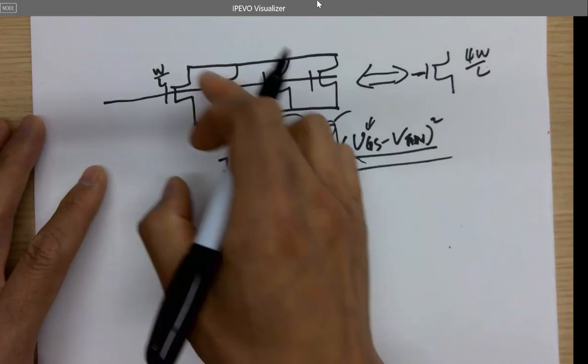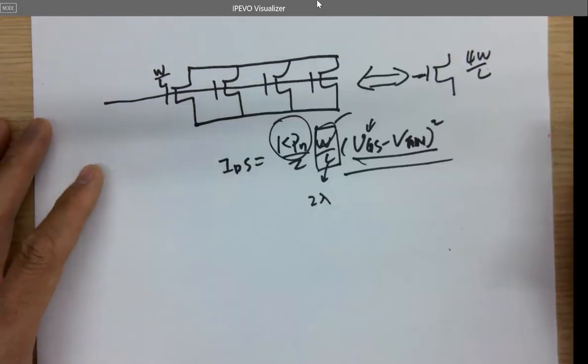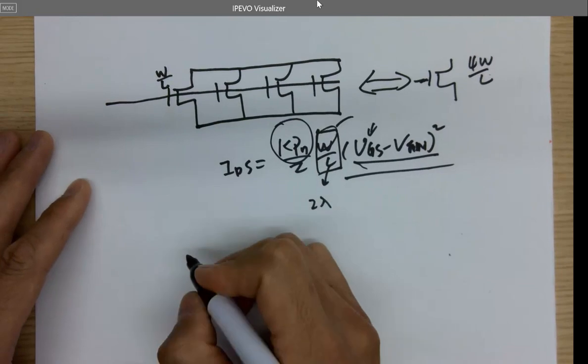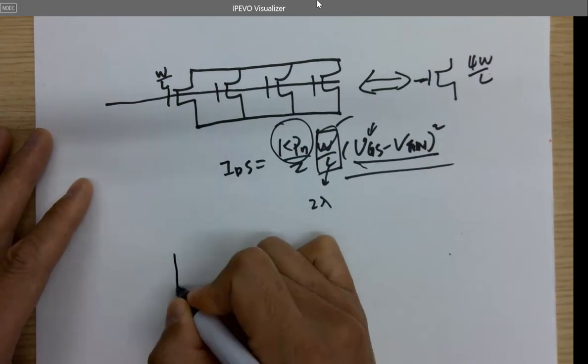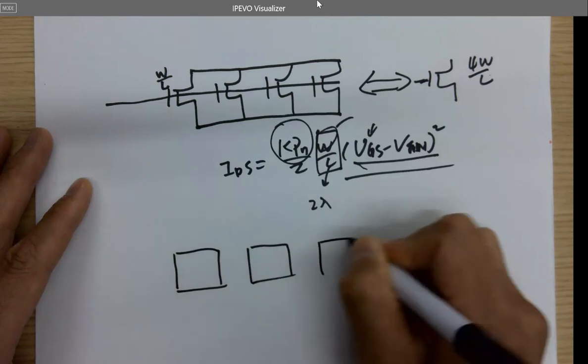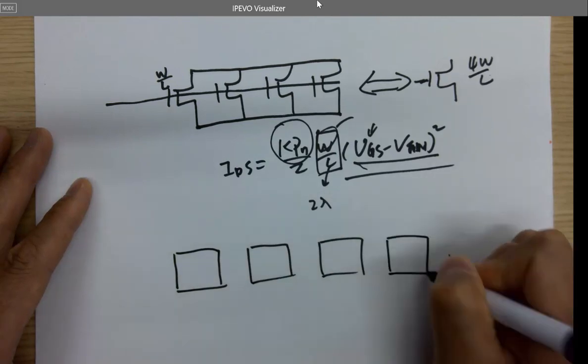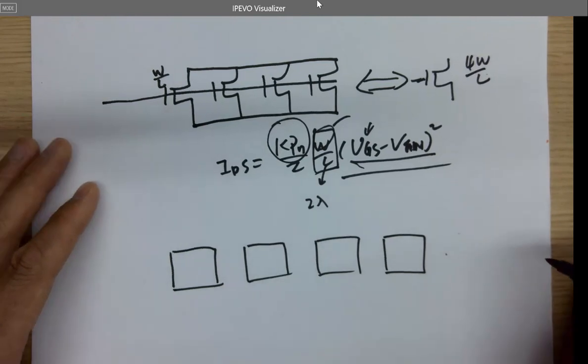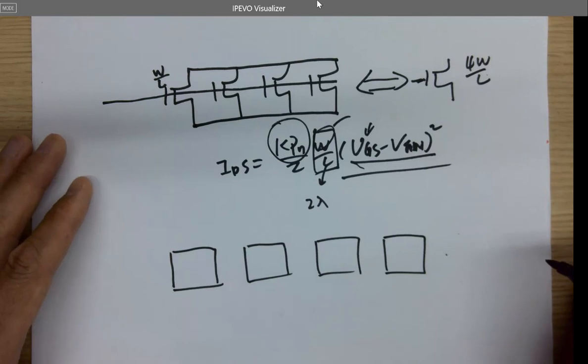So how do we lay out these 4 transistors? You can do one by one, right? It's the simplest way to do it. Like this: 1, 2, 3, 4. How would you like to draw the gate?